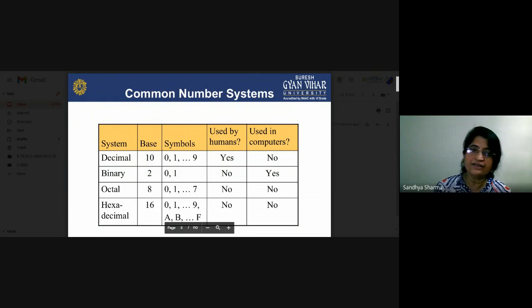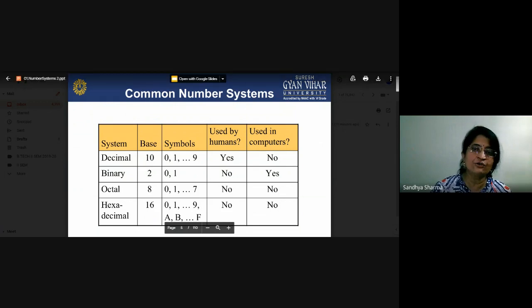First of all, we have to see which is used by humans and which is used by computers. The decimal number system is used by humans, but computers do not use the decimal number system. The binary system is used by computers, but human beings do not use the binary number system.